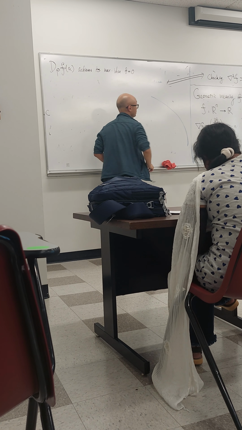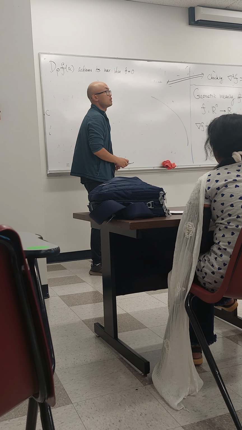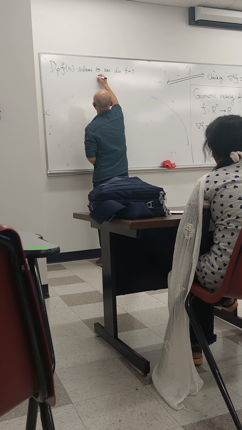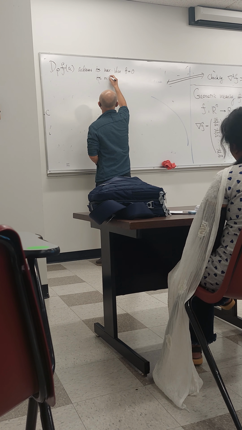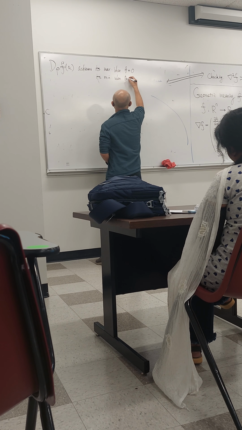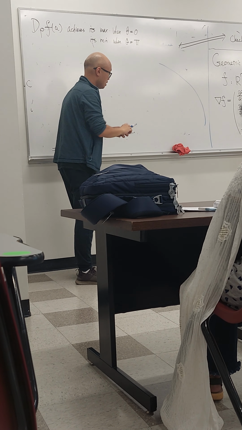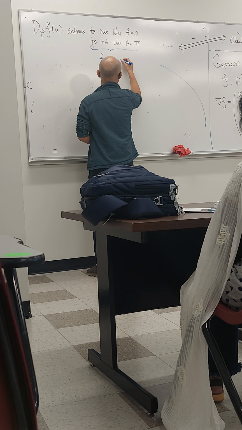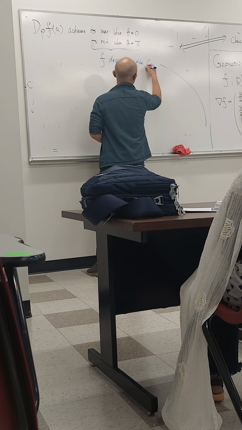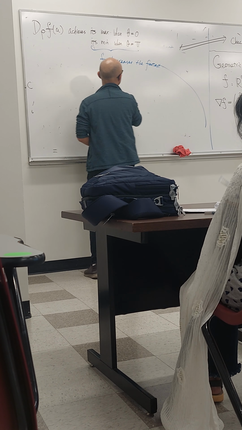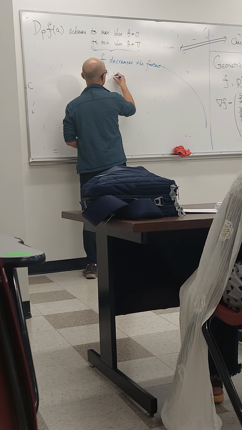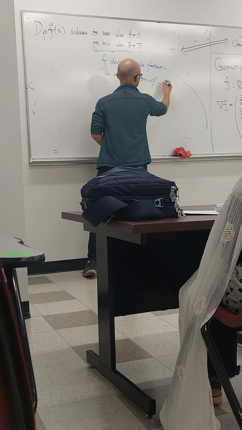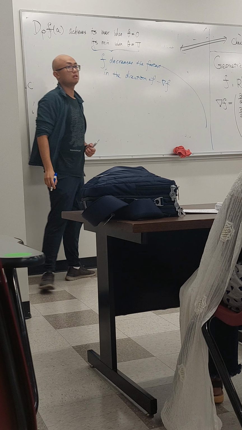So when theta is 0, the function increases fastest in the direction of the gradient, and it achieves its minimum when theta equals pi. So this is equivalent to saying the function value decreases fastest in the direction of the negative gradient.